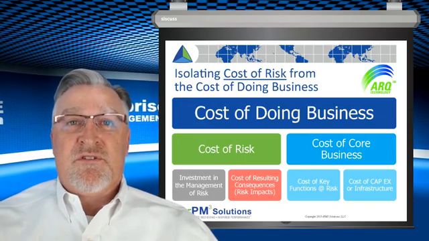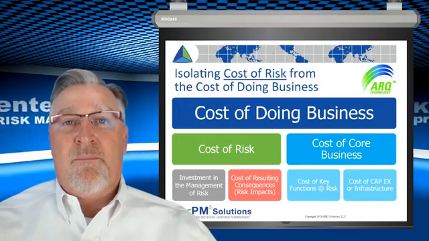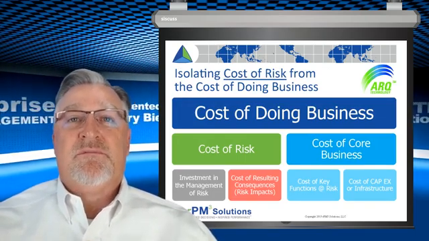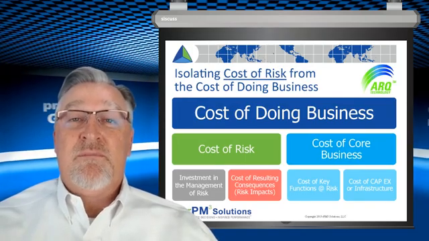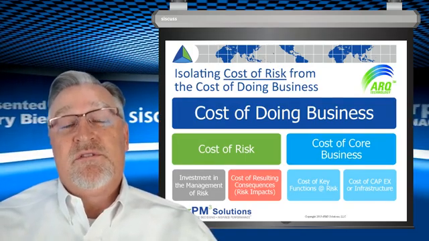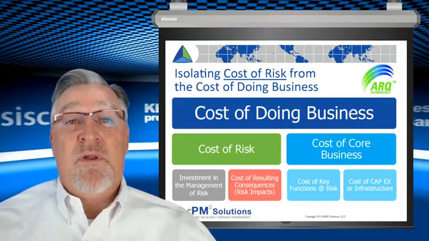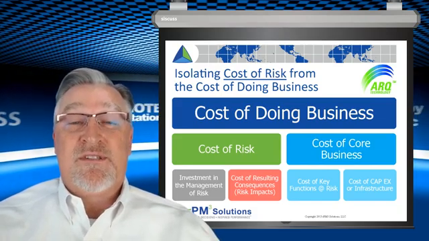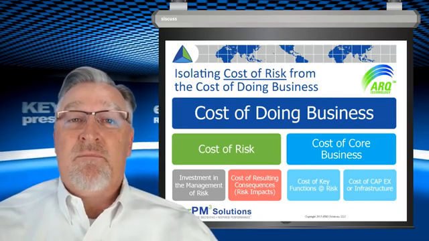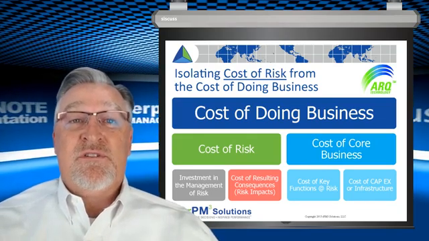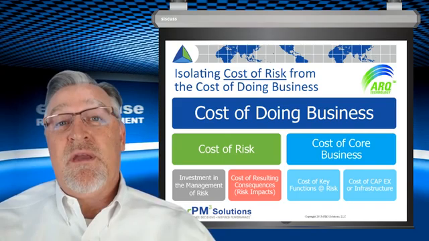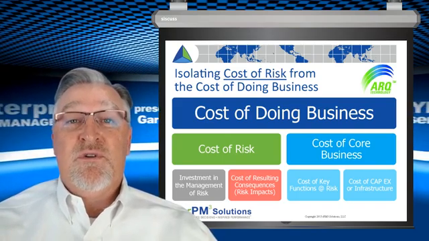Every business incurs cost. All of the cost of that business is the cost of doing business. However, that cost can be put into 2 broad categories. One is we've got the cost of risk. These are costs that have been incurred because risk exists. And as we mentioned before, it can be costs as a result of managing risk, or it can be the cost that is incurred due to the consequences.